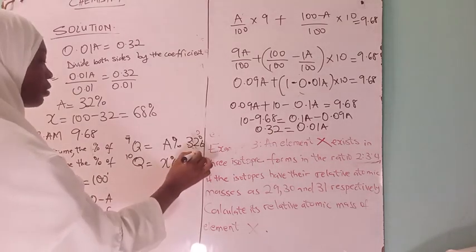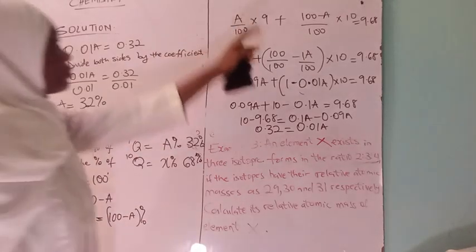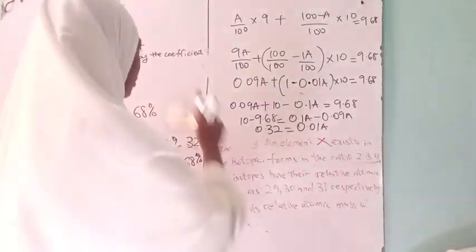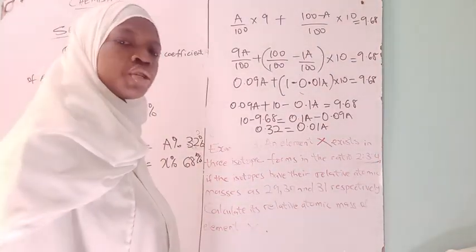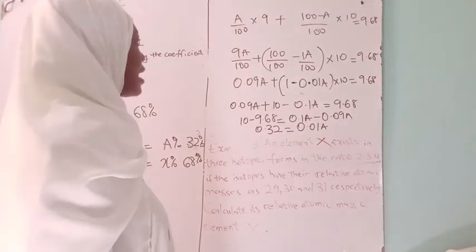That gives us X plus A equals 100 and X equals 100 minus A. That is the percentage of the one with atomic mass 10 equals 100 minus A%. You know how we calculate the first question on relative atomic mass.